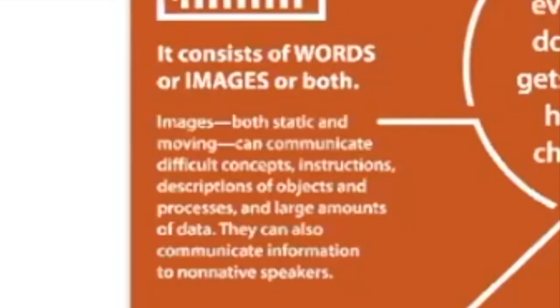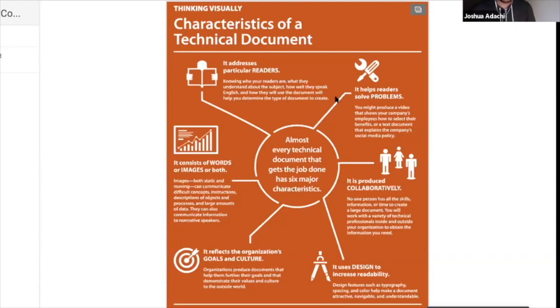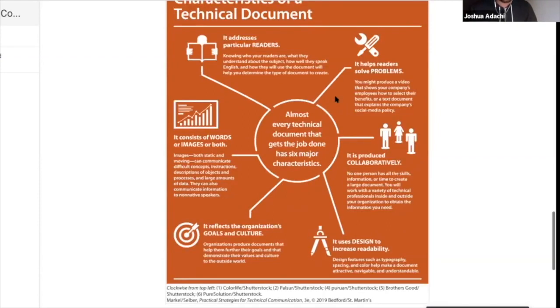It consists of words or images, or both. Images, both static and moving, can communicate difficult concepts, instructions, descriptions of objects and processes, and large amounts of data. They can also communicate information to non-native speakers.